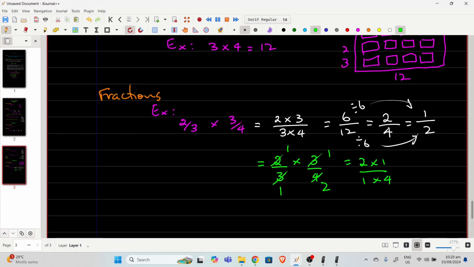So I can also replace this with 1 and 2. And then I would end up with 1 times 1, which is 1, and 1 times 2, which is 2. Right? Notice I get the exact same answer that I have in the other method. So you can do it either way you want. You can multiply the top and the bottom directly and then reduce after, or you can reduce first and then multiply the top and the bottom. Your choice. Whichever makes you happy. All right?